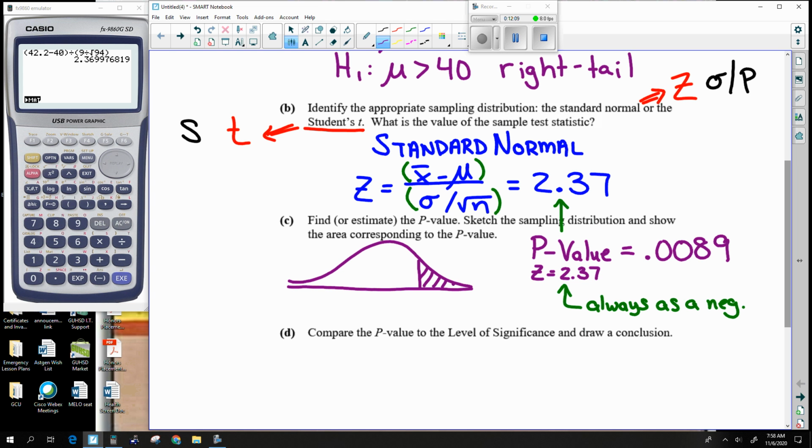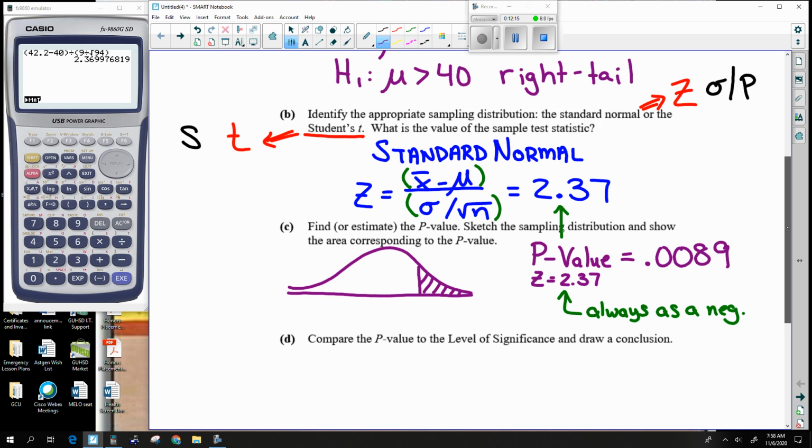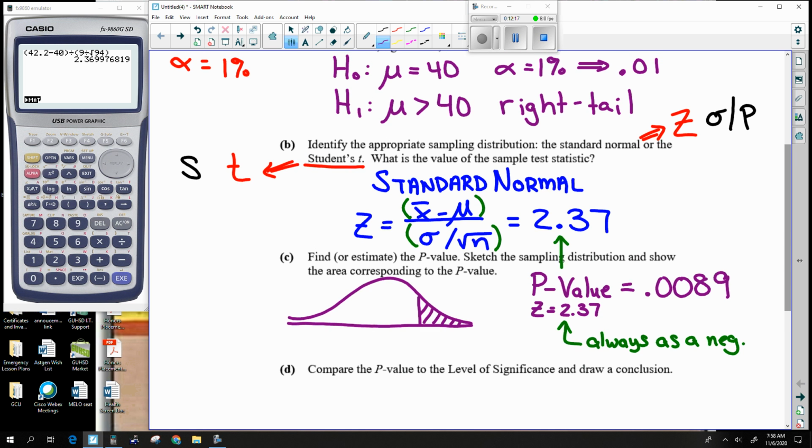I make this line on the right-hand side of my graph because it's a right tail. That's where the rejection zone goes. And I make a vertical line, and I kind of make these side slashy marks. Okay? This is what I call the rejection zone.